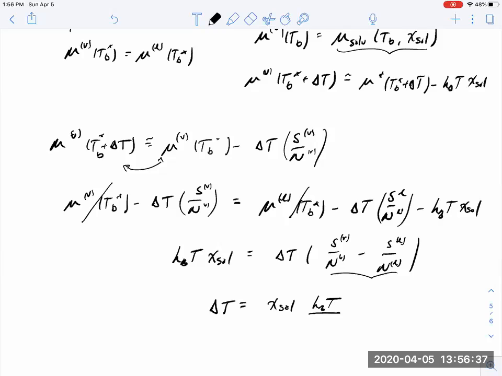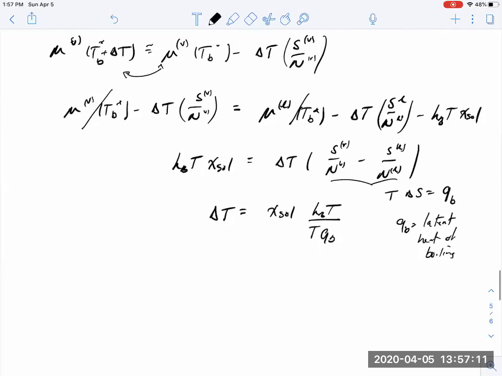Well, at coexistence, that change in entropy, if I multiply by T, is just the heat. So that would mean that T times that delta S is equal to some heat. That heat is the enthalpy or the latent heat of boiling. So I get a T times that latent heat.